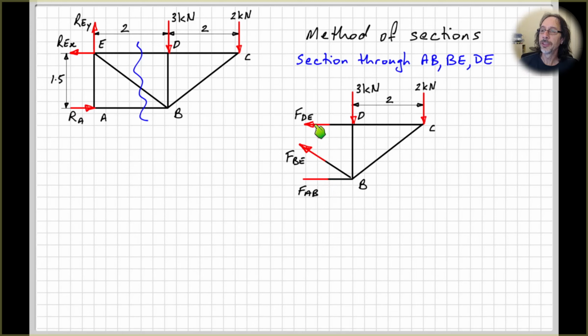And now we can see from our horizontal forces that these 2 are acting to the left, so therefore FAB must be acting to the right. And because these forces here, FDE and FBE, are pulling away from the members, these 2 are in tension, and here we've got the force pushing into the member, so therefore FAB is in compression.